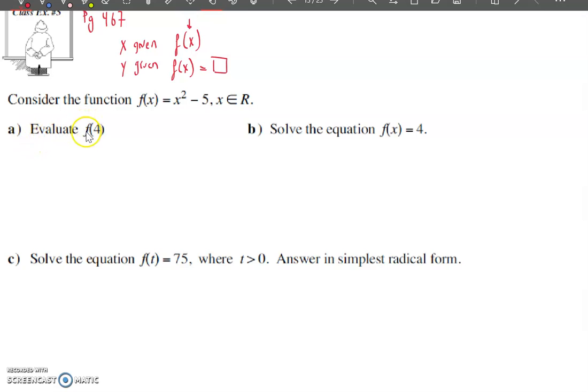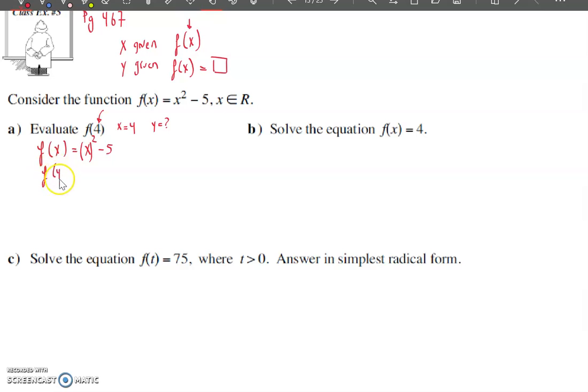So the first one, you'll notice it's saying f of 4. So it's the x part that's given to you. It's telling you x is 4. Find out what the y is. So we write down our function, and wherever there is an x, I'm going to substitute a 4 in there.